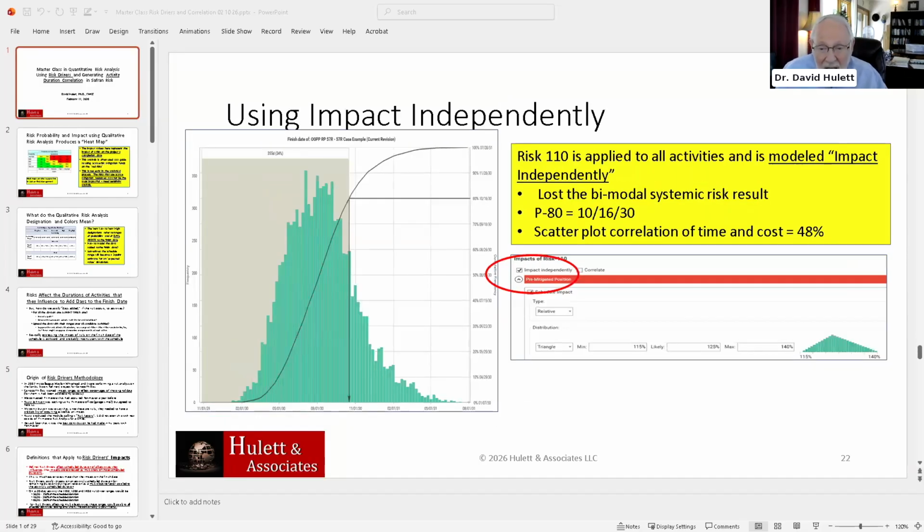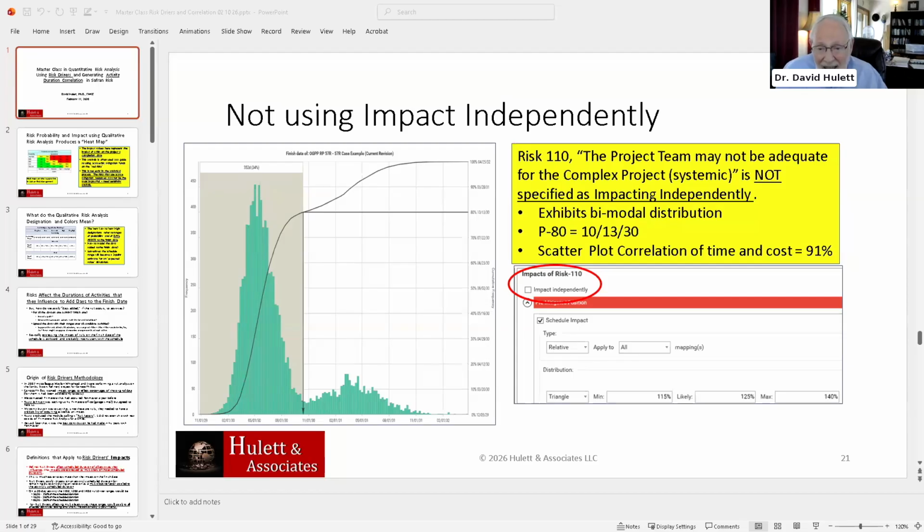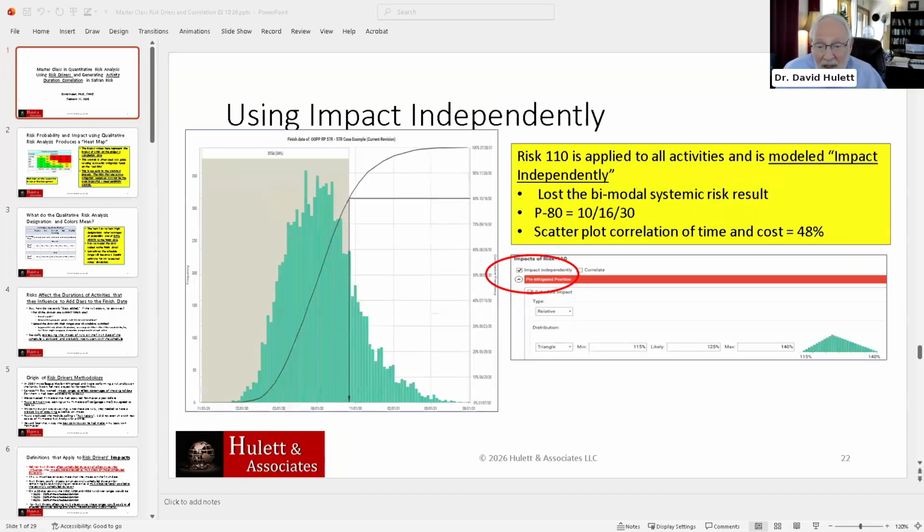If you do force independence, well, I got the 80th percentile in October 13th, 2030. Now it's October 16th of 2030 with forcing independence. But look, I've lost the extra mode for the systemic risk. This is to be explained.